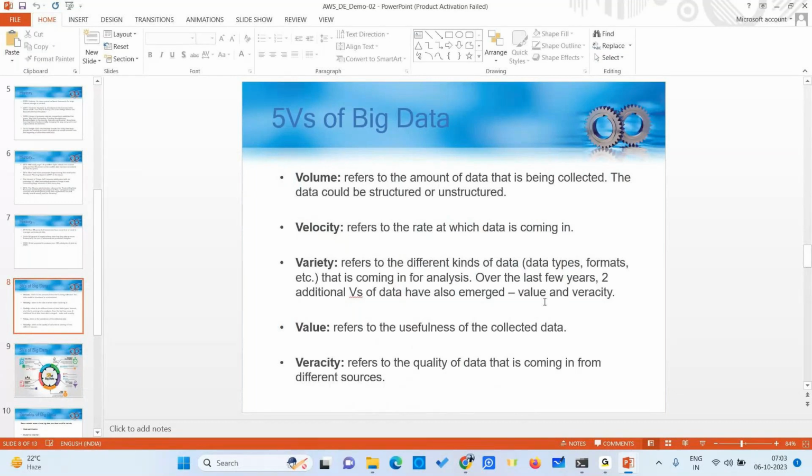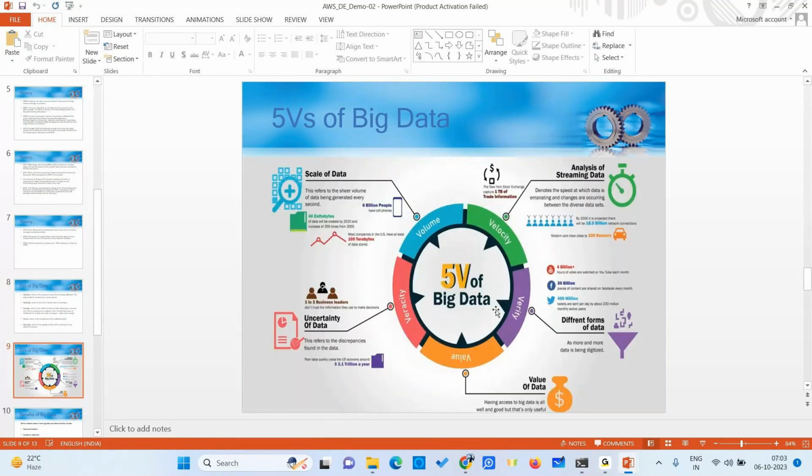And variety refers to the different kinds of data, meaning the data may be of different types. When you see this diagram, variety of data may be in the form of video through YouTube or other streaming websites, and also Facebook.